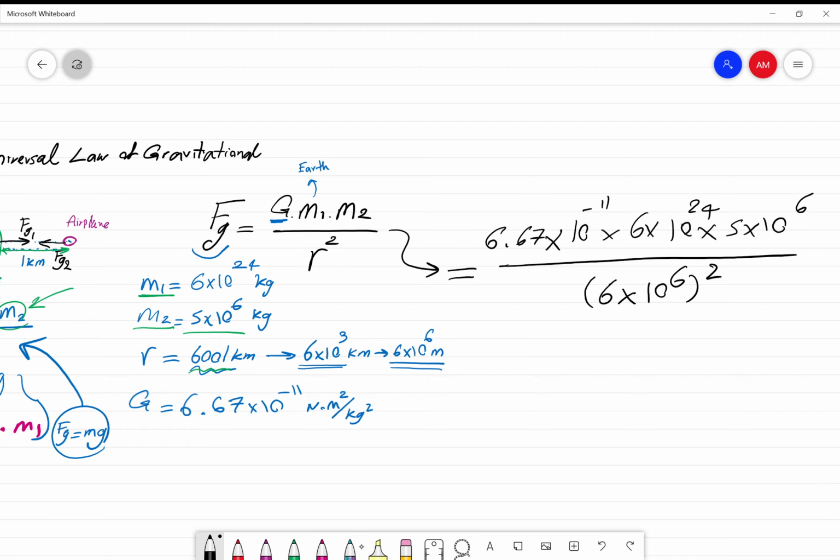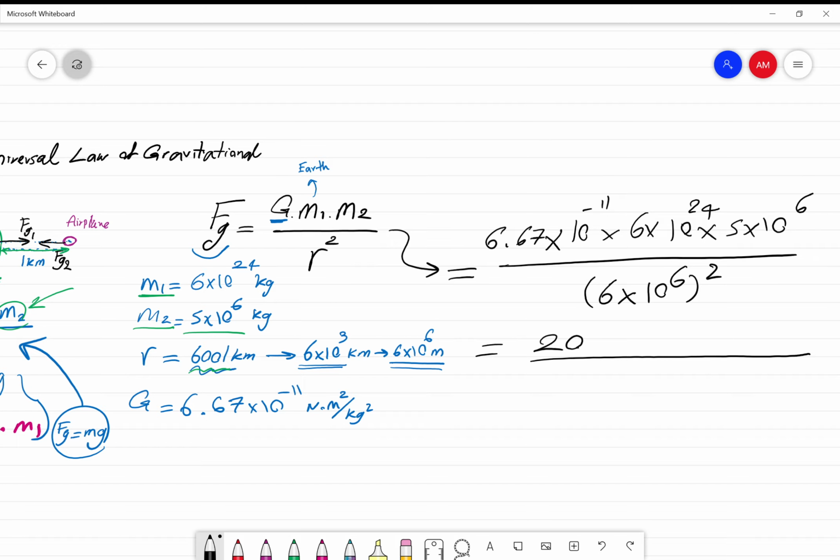Okay, so now what we do is, first of all, everything on the top. I'm doing a very rough calculation quickly without the calculator. So 6.67 times 6 times 5, so 7 times 6 is 42, times 5 is roughly 200.